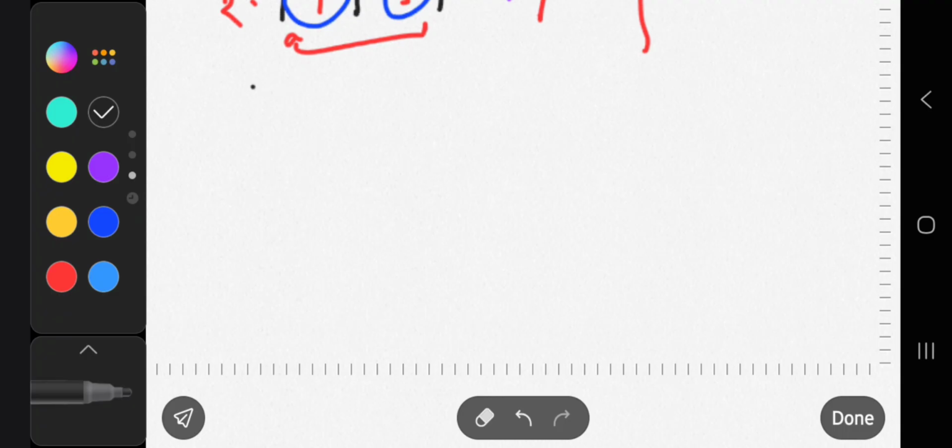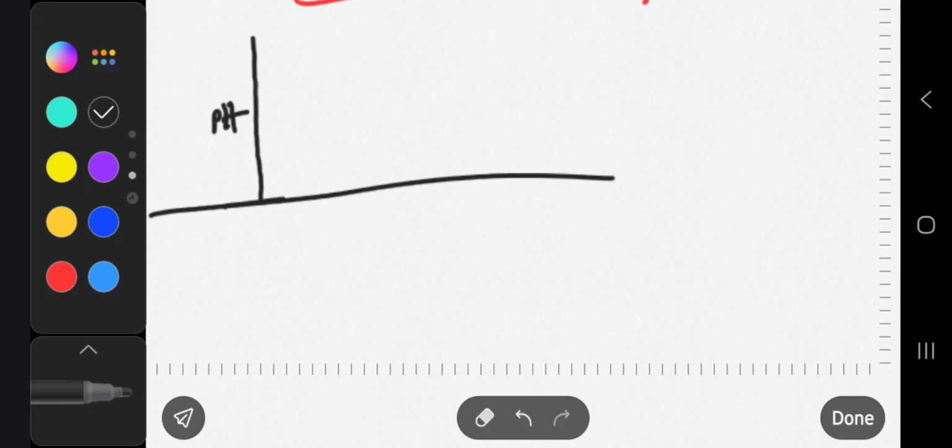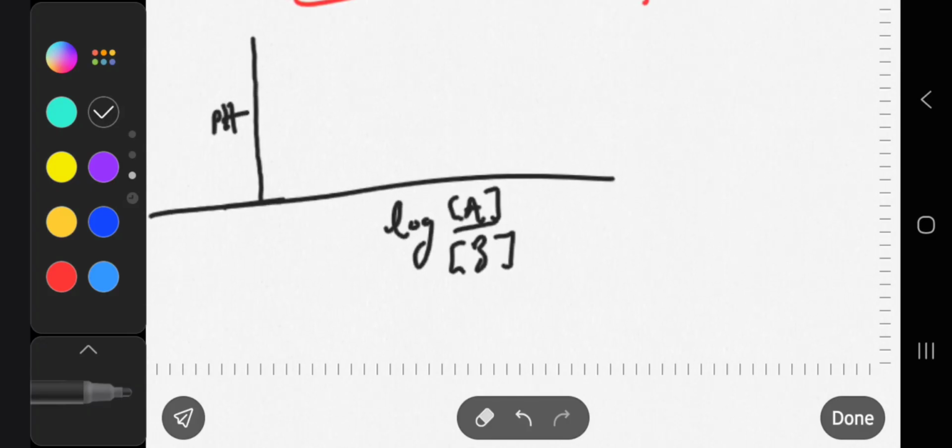And if you're plotting a graph to find the dissociation constant of an acid, it's usually a graph of pH against the log of whatever concentration or chemical species you have in. Okay, so depending on which variables are being given, you need to know how to plot a graph, right?